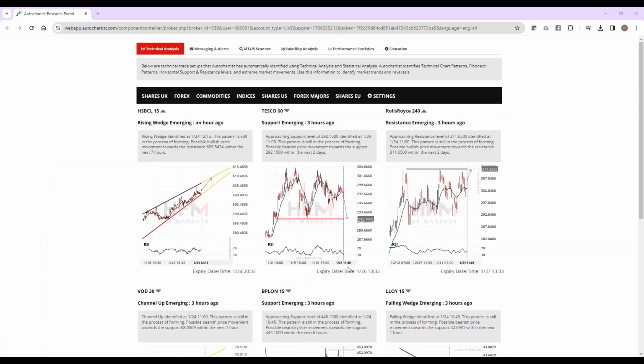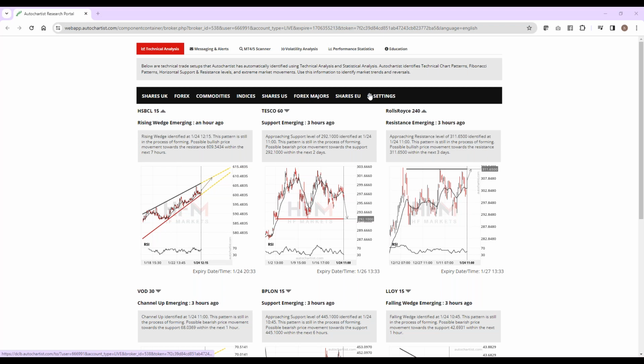Again, we have all the active and not active trading signals, and you can amend it based on your needs. We are on the tab called technical analysis. It's everything that we have seen earlier, all the trading signals offered by Autochartist.